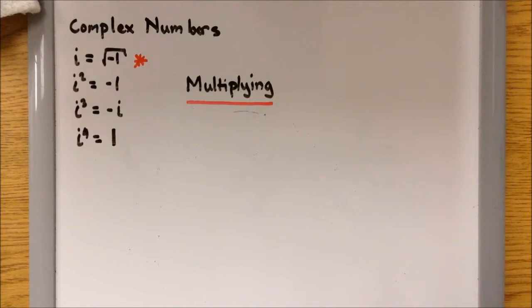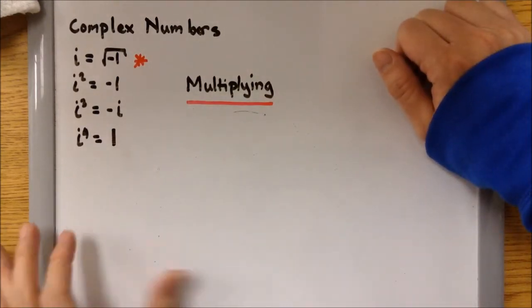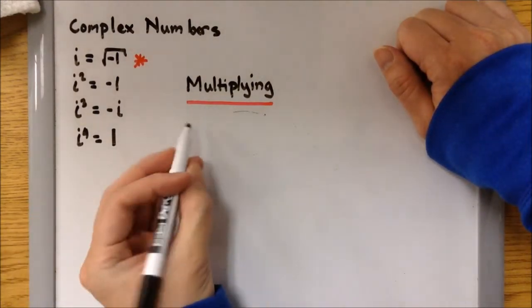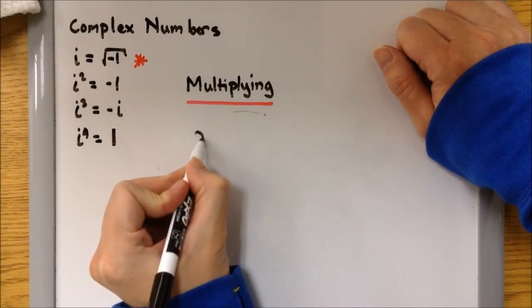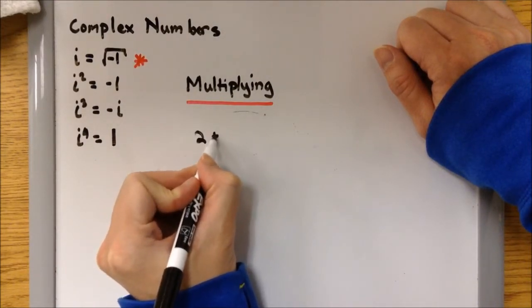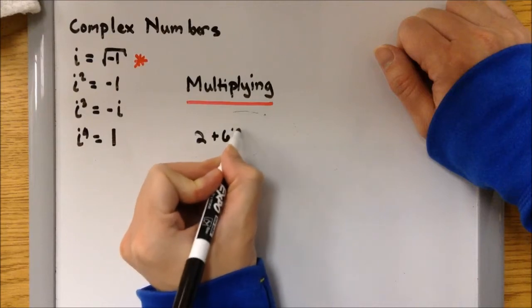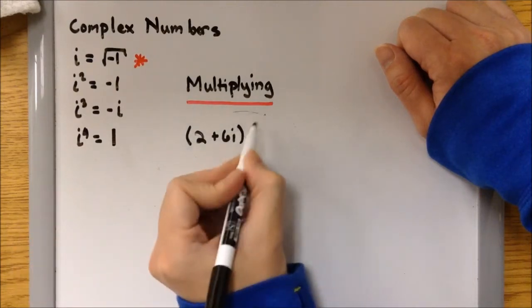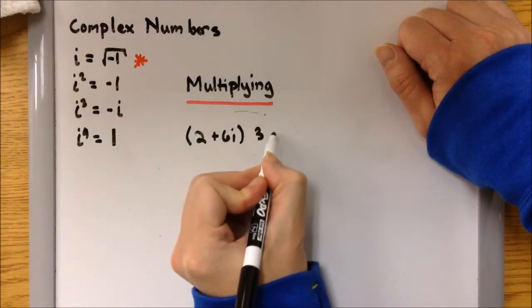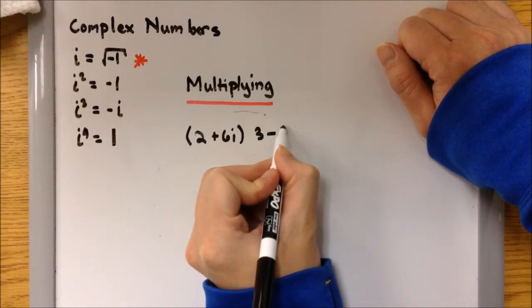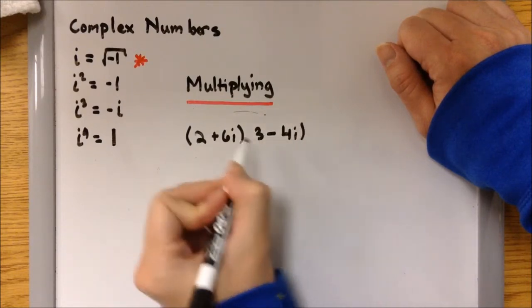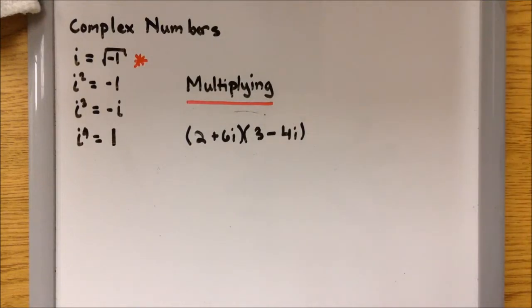So what happens if you have binomial terms? So for example, 2 plus 6i times 3 minus 4i. In this case, we're going to have to FOIL.